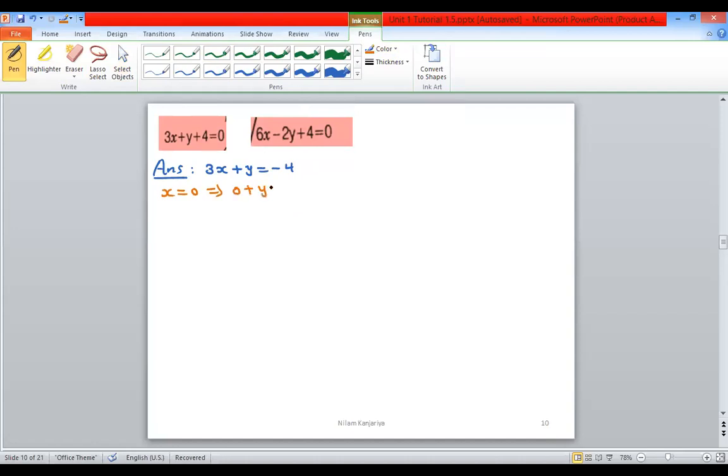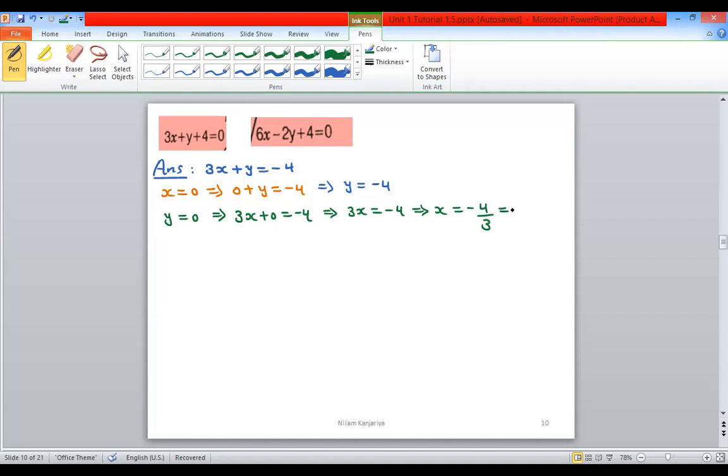It's 0 plus y is equal to -4. I got y is -4. Second, I'm taking y equal to 0 and putting it here: 3x plus 0 is equal to minus 4. So 3x is equal to minus 4. Here x is equal to minus 4 by 3. Minus 4 by 3, it's when you divide minus 4 by 3.